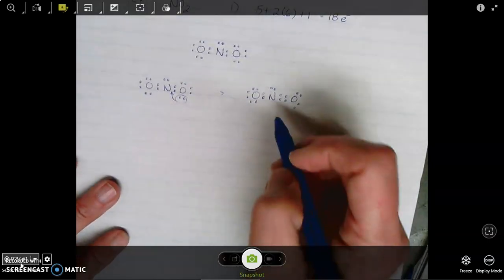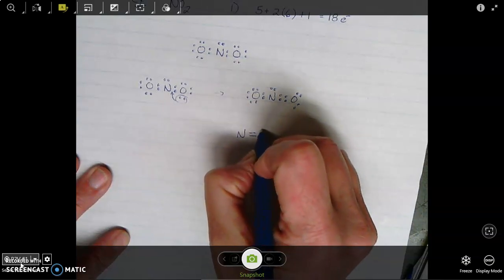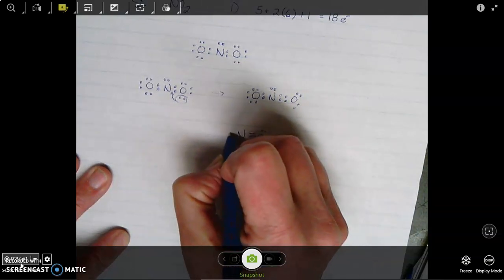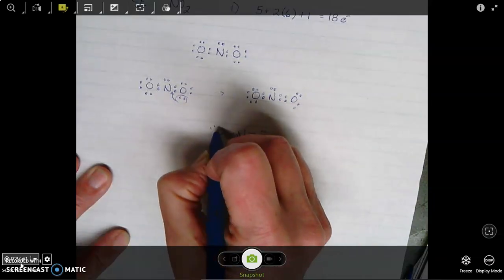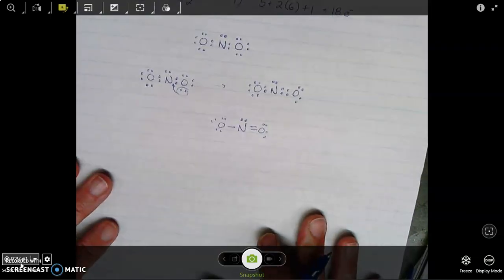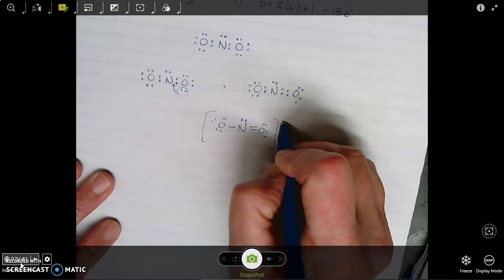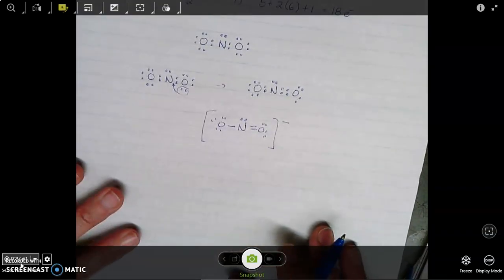Okay? If I were to draw this as a line structure, which is sometimes a little easier to see than these dots, that's what I'd have with a lone pair on the nitrogen. Okay? It's a charged particle, so I'm going to put square brackets around it, indicate the charge outside.